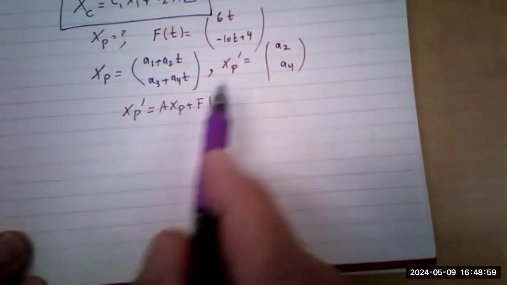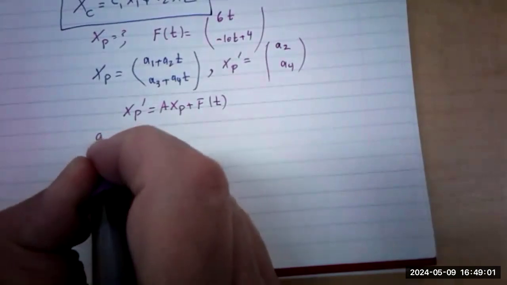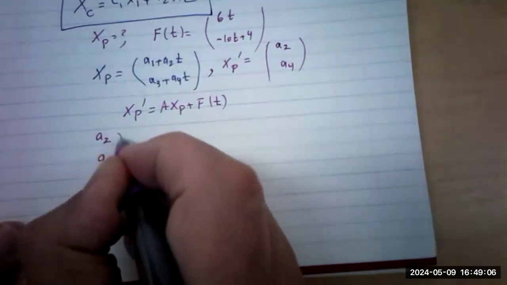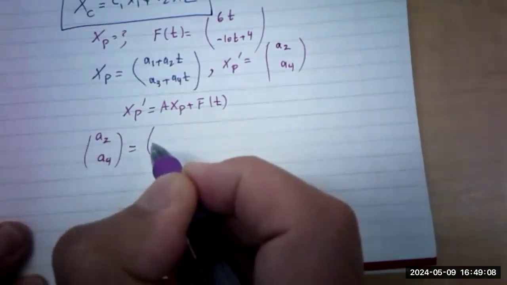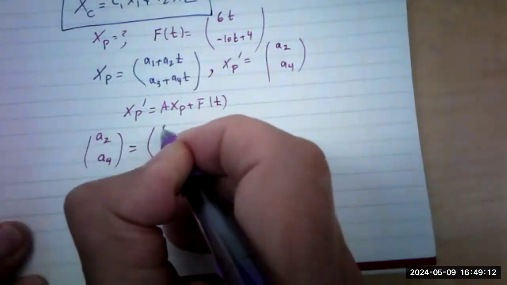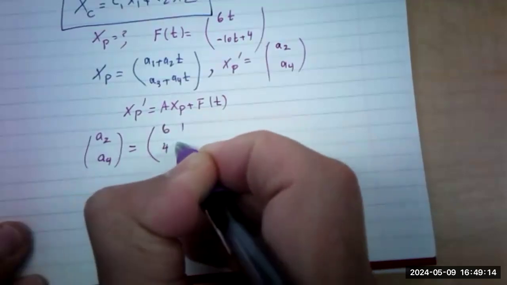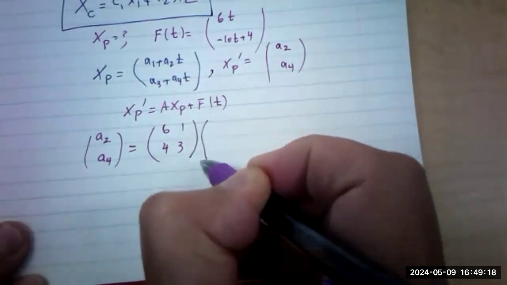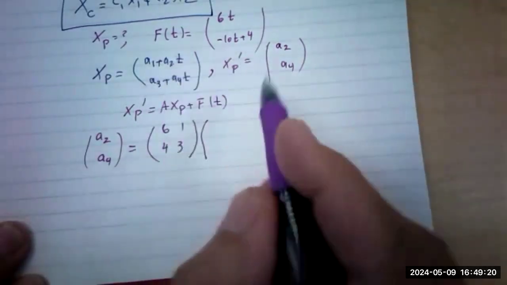Okay, x prime is, we have the a2, a4. A2, a4 is equal to the matrix 6, 1, 4, 3, that's your matrix, times your xp.